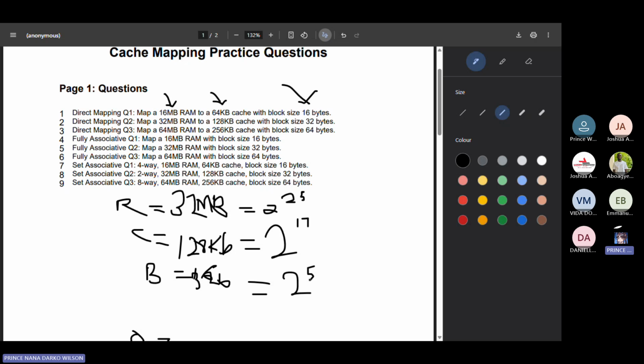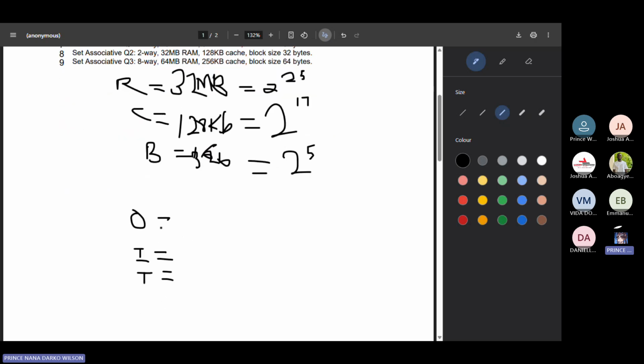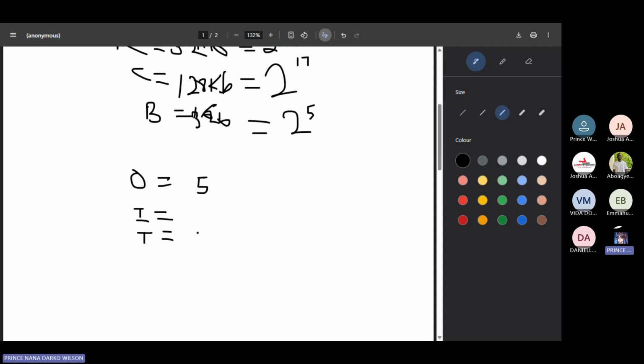All right, with that in mind, let's take our offset. Our offset is the log base 2 of the block size, which is 2 to the power 5, and that just gives us 5. When you're working this, you show log 2 of 2 to the power 5, and then you do it.